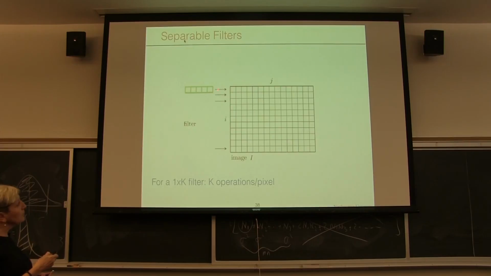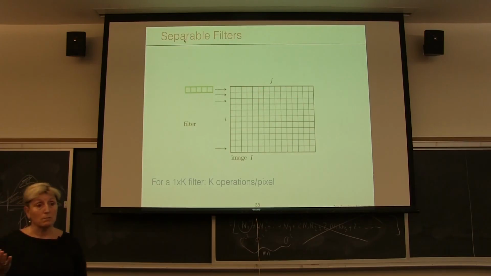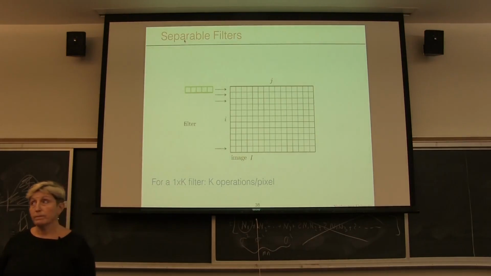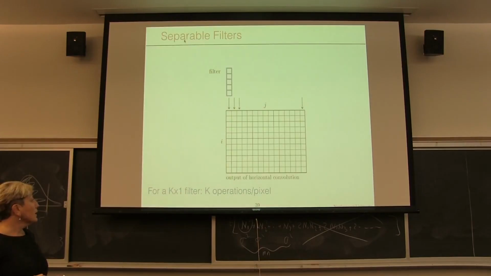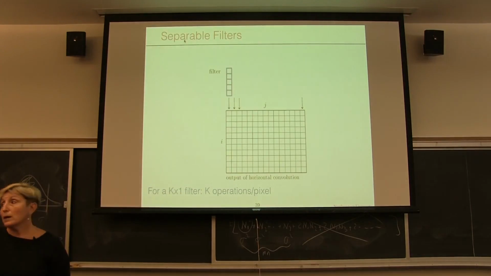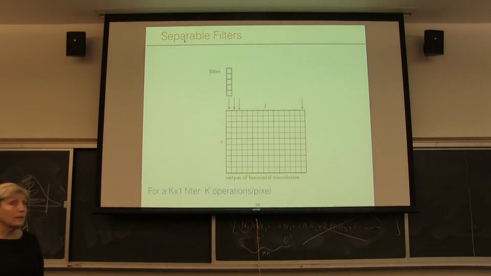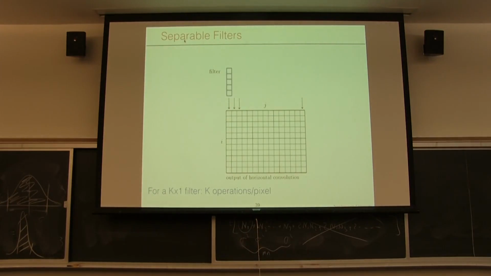Every time I put this mask on this image, I have to do k operations. Then I take the output of that and I apply the other filter by columns, and again, I have to do k operations. So in total, I'm doing k plus k, which is less than k squared. So it's linear in k instead of quadratic in k. So that saves computation.